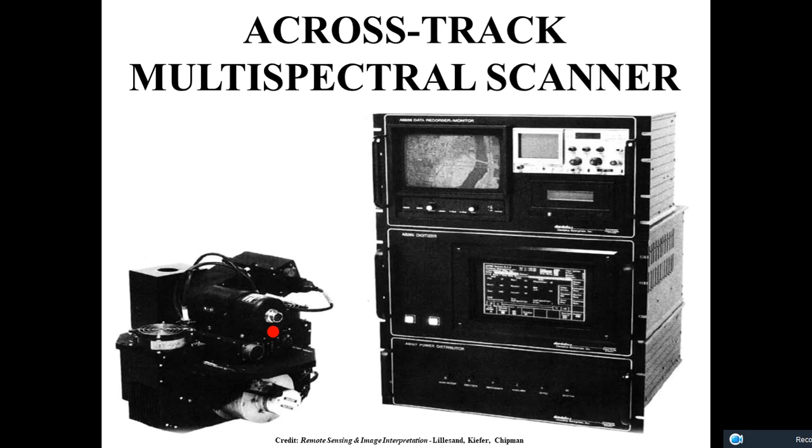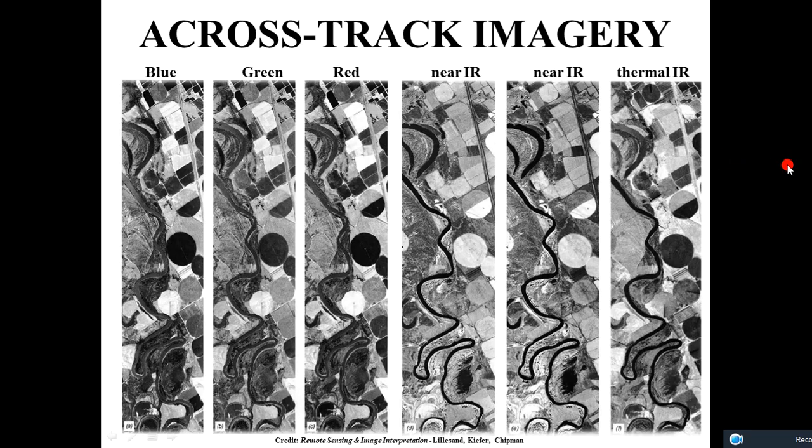So this is the whisk broom scanner or the across-track scanner. This is the device, and this is the component, the unit which is used to record the signals, the digital signal, which are further changed into analog afterwards, okay.